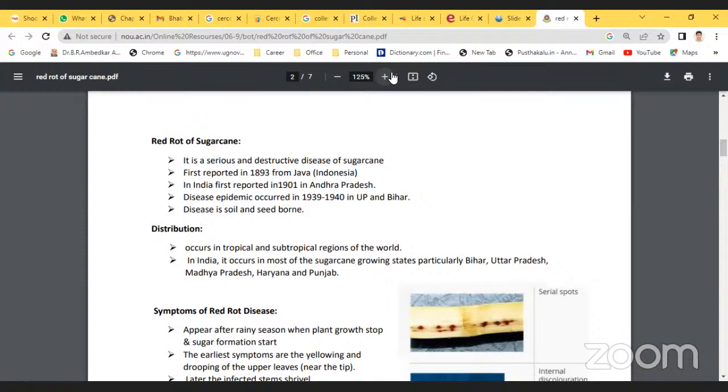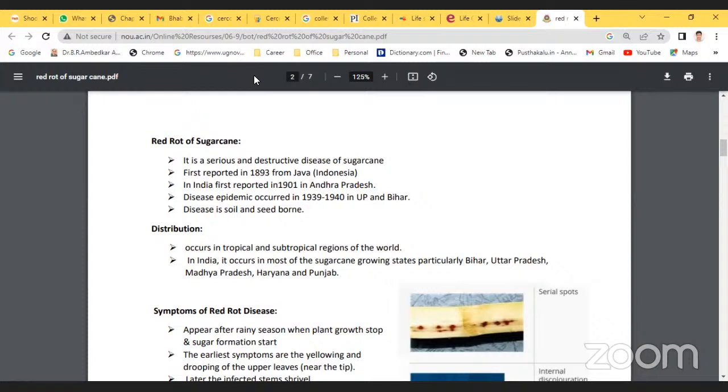When this disease attacks, a very long cane weighs very little, like 100 grams, because the fungus absorbs all the nutrients from the sugarcane. That is why the cane loses weight.